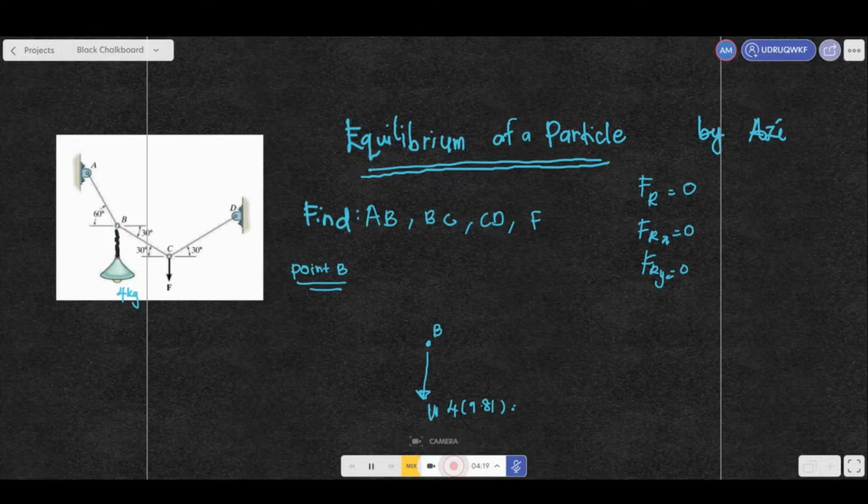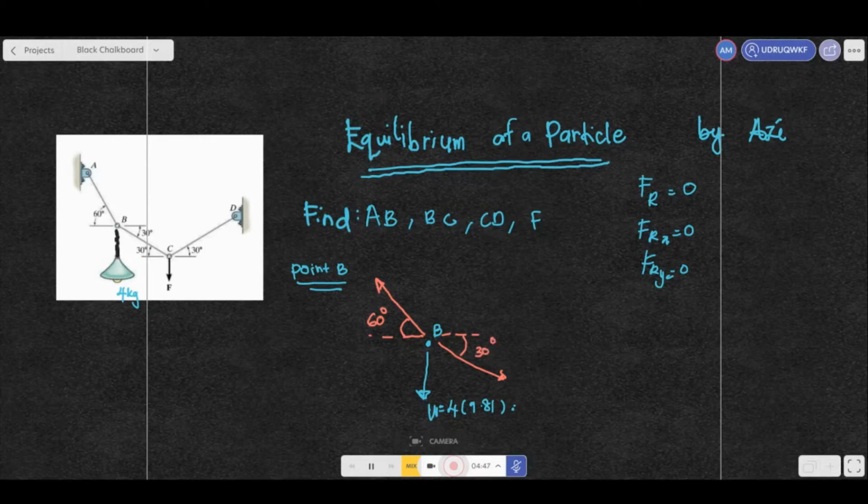Then we have cable AB with the angle of 60 degrees, and then we have BC with 30 degrees.